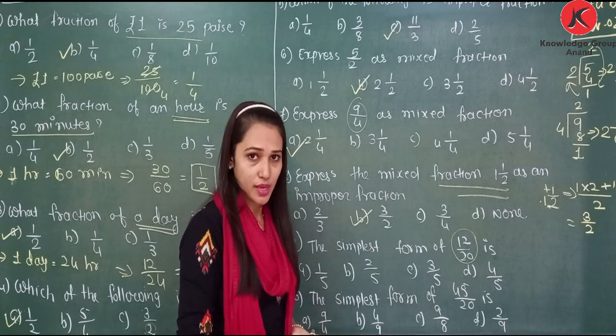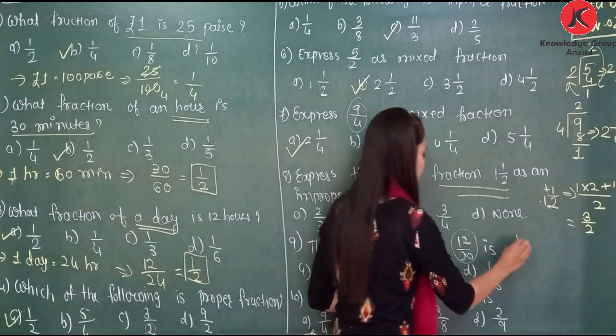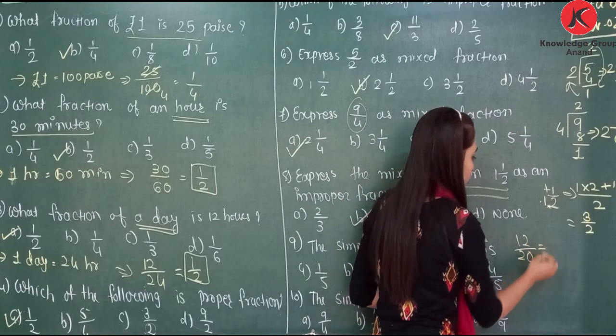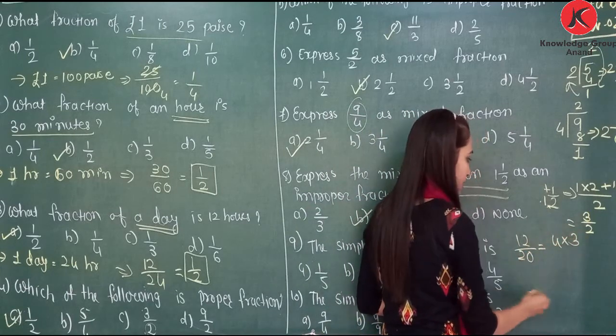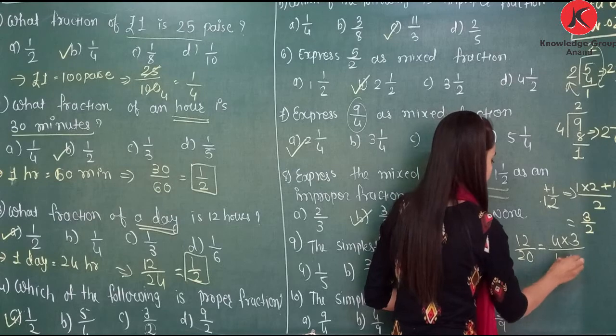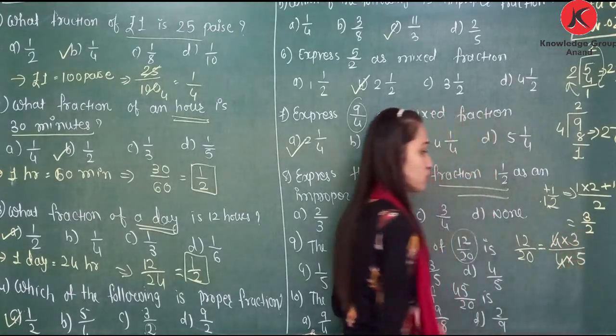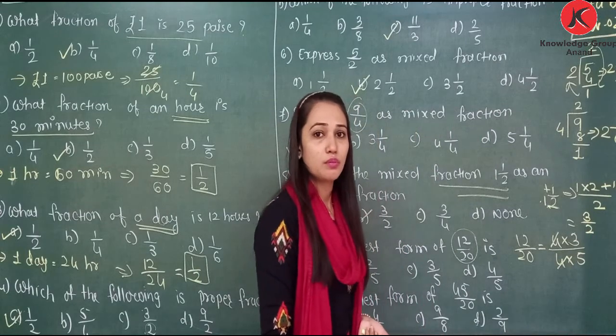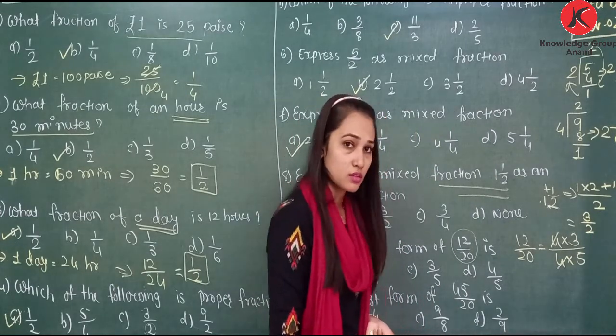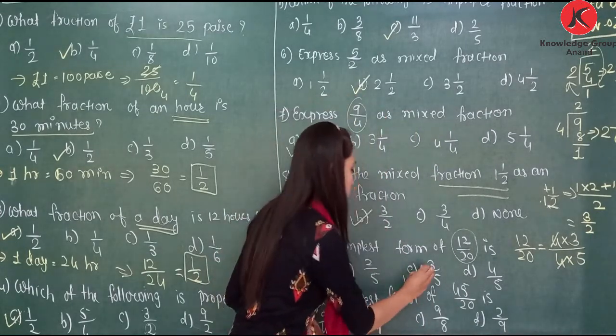Both will give the same answer. Let's find the factors of 12 and 20. So 4 3s are 12, 4 5s are 20. Now 3 by 5. The common factor between 3 and 5 is only 1. So the simplest form is 3 by 5.